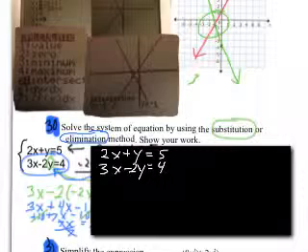So now if I subtract the second one, 3x minus 2y equals 4, from the top one, I'm still going to have two variables. So I've got to change them. Or if I add it, it's the same thing. I'm going to still have my two variables, my x and my y. I want to just have x, or I just want to have y.